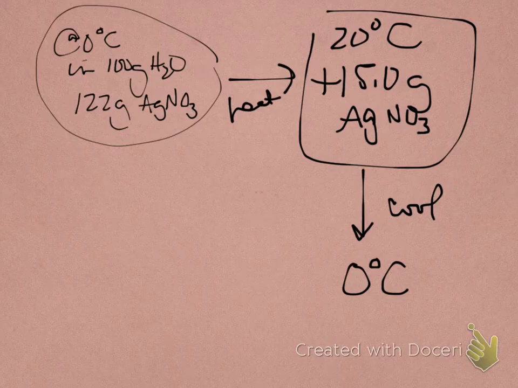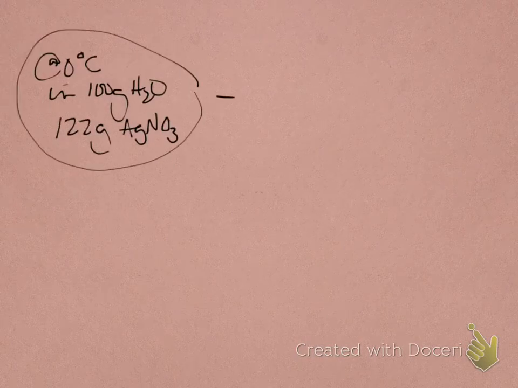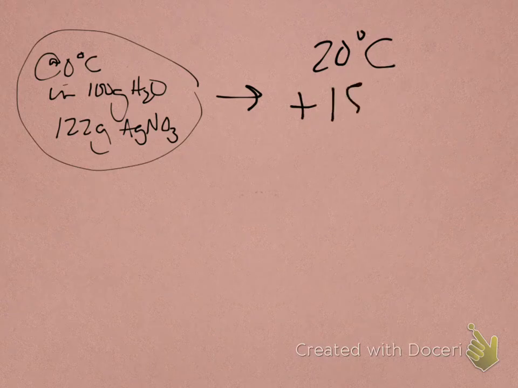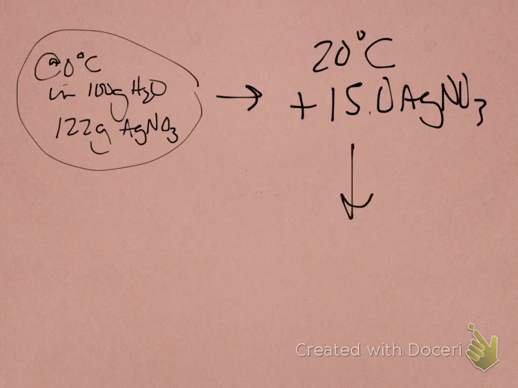Now, doing that requires a great deal of caution, because the most common thing that you're going to see is, if you take this solution, heat it up to 20, add whatever mass of silver nitrate, and then cool it back down to 0, you know what's going to most commonly happen?